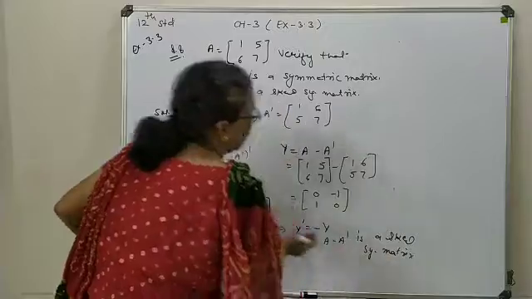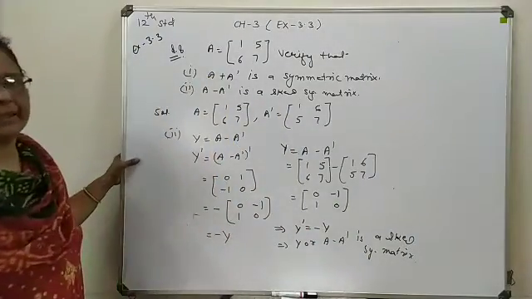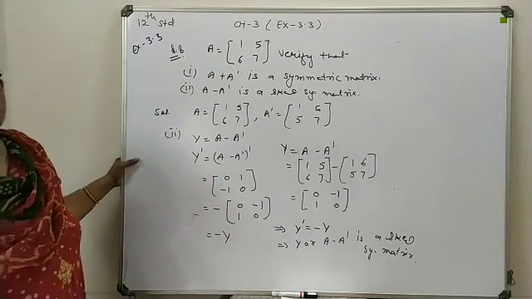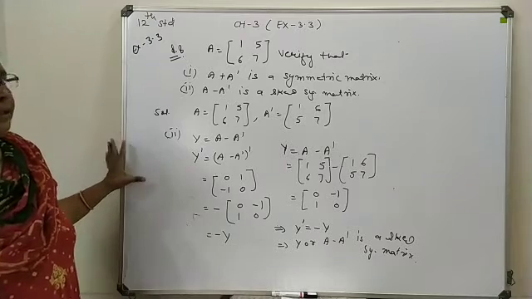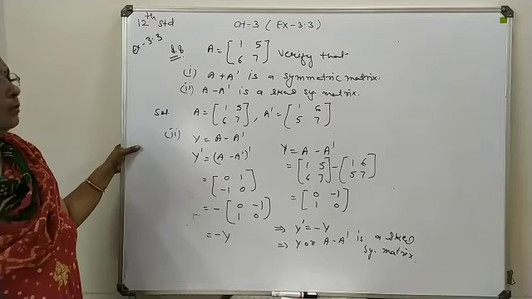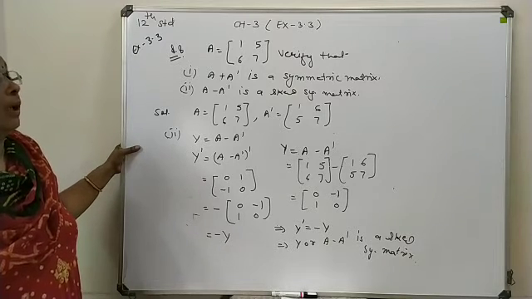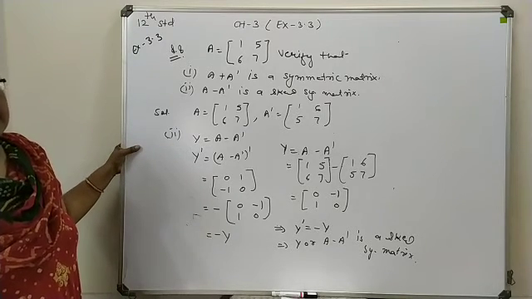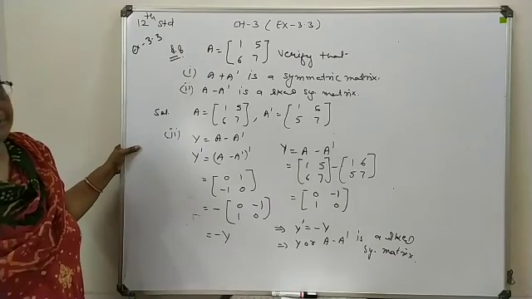So this way, even for a 3 by 3 matrix form, you can go for verification and conclude about the same point. In the next class, we will discuss the evaluation of the inverse by using the basic transformations. Thank you.